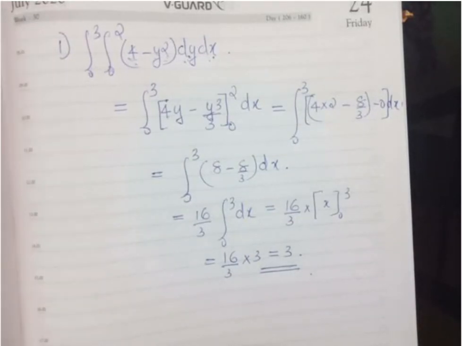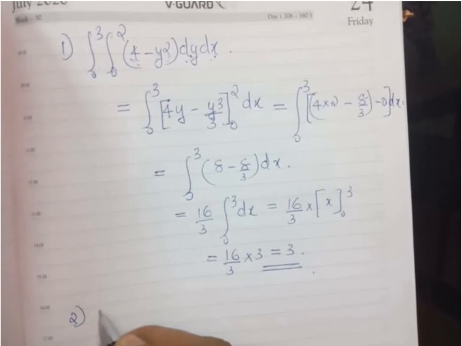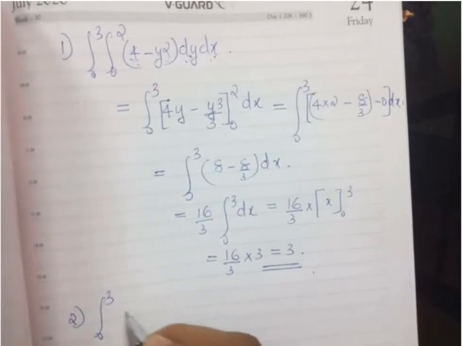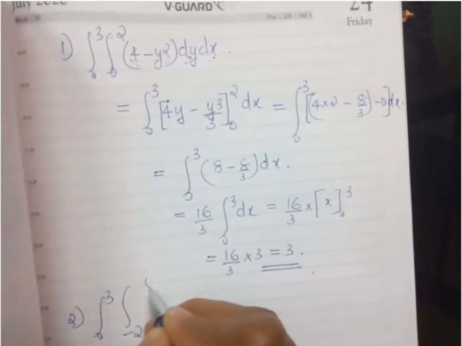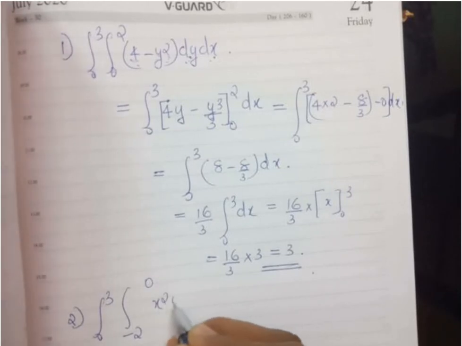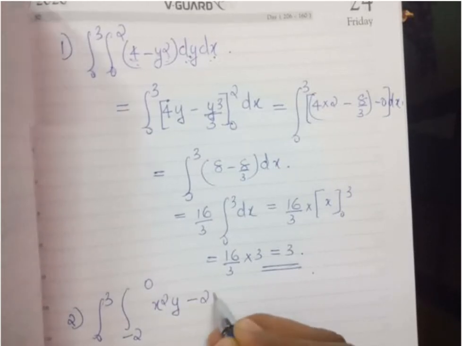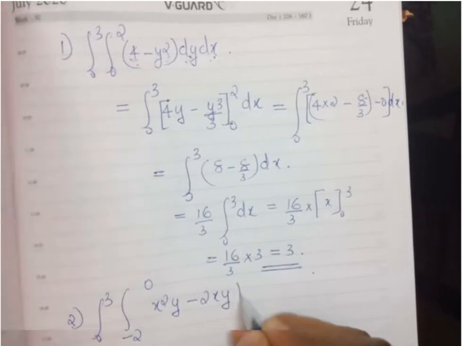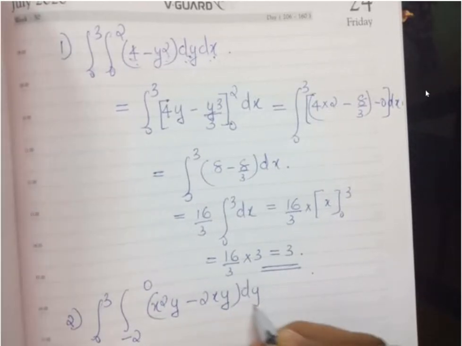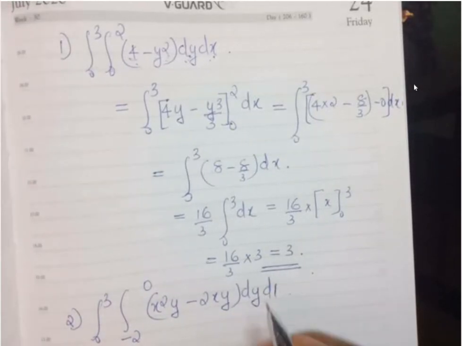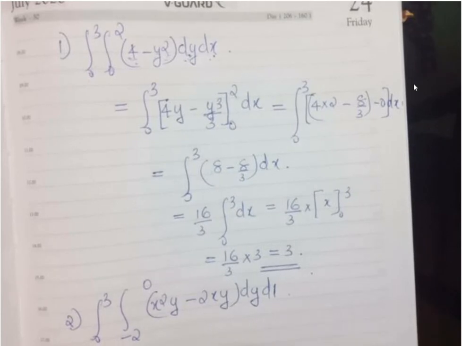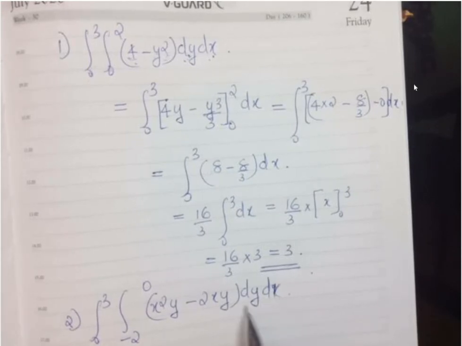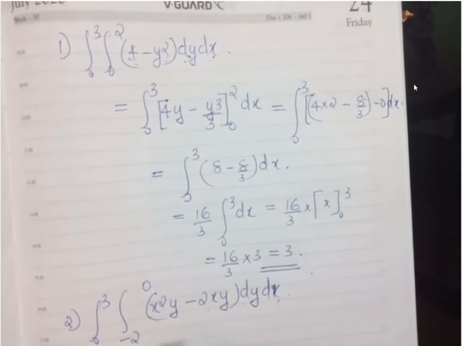The second question is the integral from 0 to 3, integral from minus 2 to 0, of x square y minus 2xy, dy dx. Here again this is dy dx, that means first integrate with respect to y and put the values minus 2 to 0.